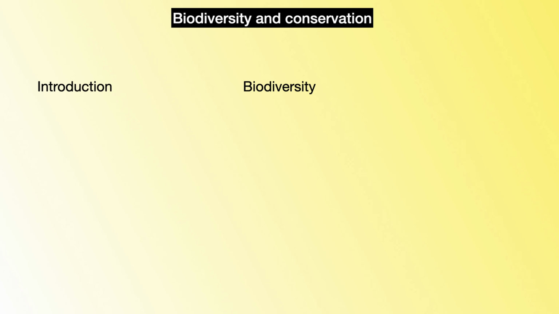It also tells about the variety of macromolecules inside a single cell and stretches all the way to massive biomes like deserts and rainforests. It is the total variety of life at every single level of biological organization.